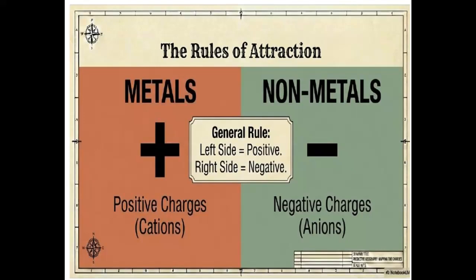Just remember, metals get attracted to non-metals because the metals tend to have positive charges and the non-metals tend to have negative charges. That's the basis of combining elements together. That's the basis of naming that we are going to do next week. So we'll talk more about this next week.